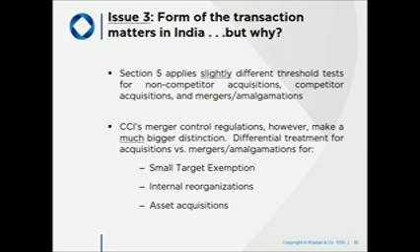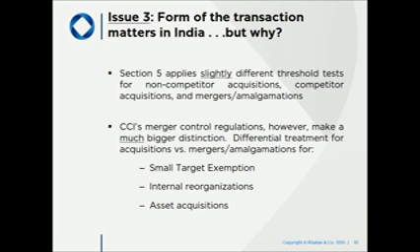But what is important for you to understand is the CCI, the Competition Commission of India, does look at the form of the transaction when it determines the potential applicability of exemptions. Now, if you look at the first bullet point on this slide, Section 5, which is the operative section of the Competition Act on merger control, applies slightly different threshold tests for non-competitor acquisitions, competitor acquisitions, and mergers and amalgamations.